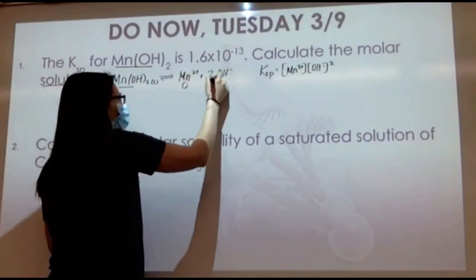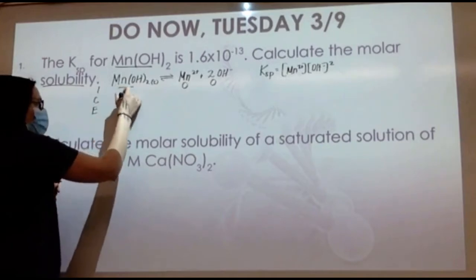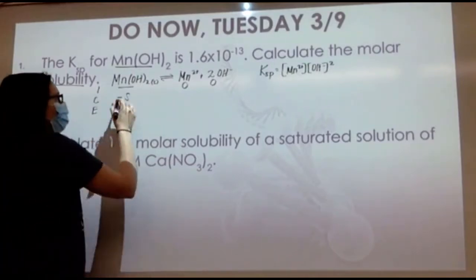It says nothing else about there being anything in the solution, nothing else besides the solid that's going to partially dissolve. The change, that's what we're really focused on. A certain amount of the solid will dissolve. Probably not very much, because that's a pretty small Ksp, but some of it will.